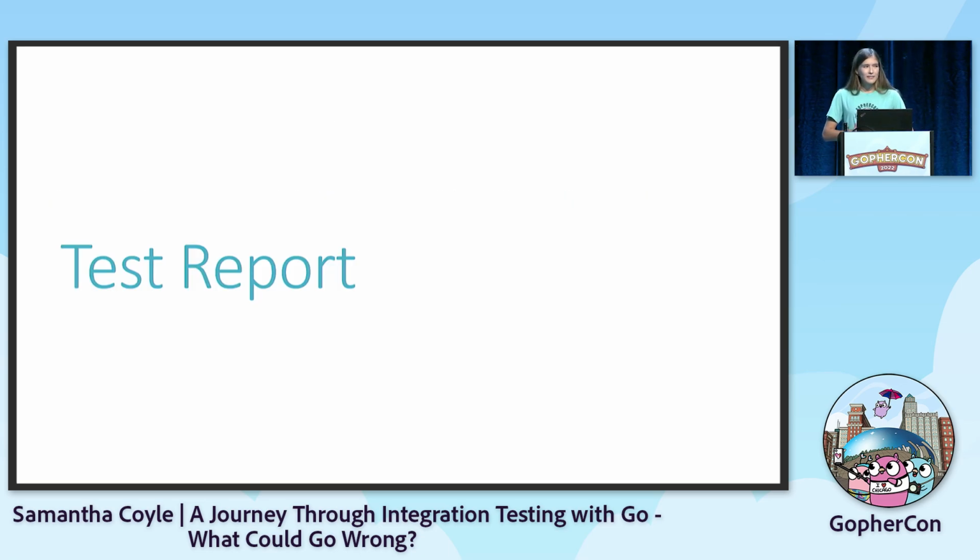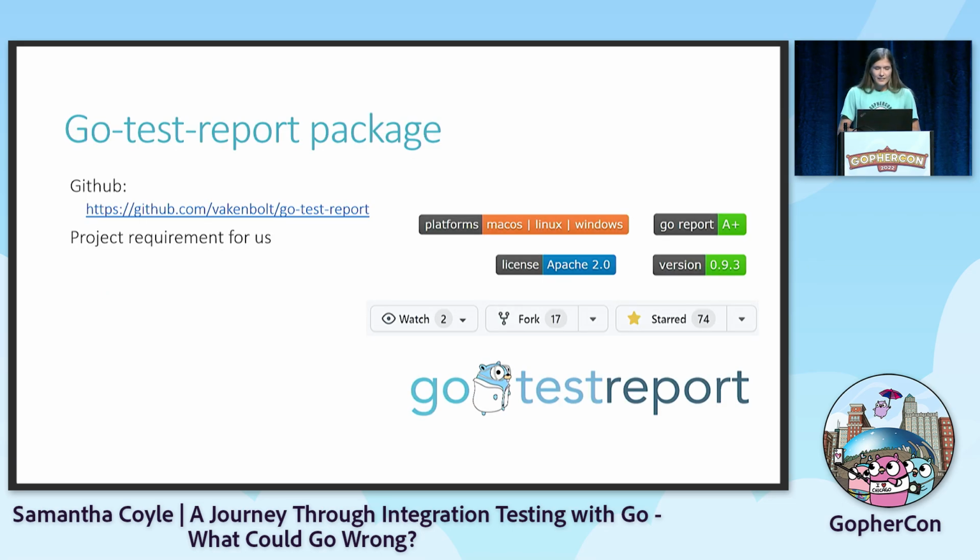And I saved the best for last, the test report. For our test report, we had to use a package here. So we did a go install for Go test report. It's a package out there you can use to parse Go test output into a single self-contained HTML file.